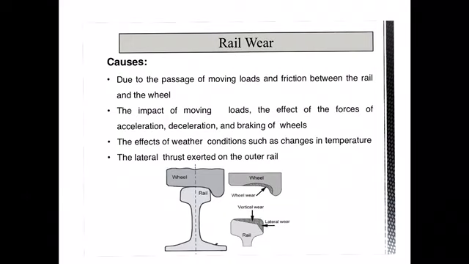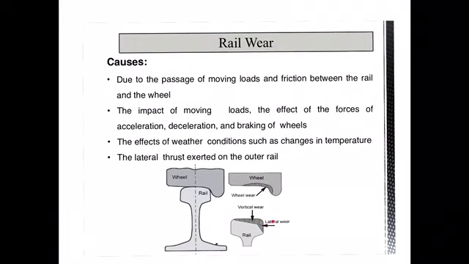Apart from these two, there are weathering conditions, that is the change in temperature, snow and rain, and also the presence of materials like sand, that also contribute to rail wear. In some cases, especially on curves, we can expect lateral wear. Lateral wear comes into the picture only at the curve section, not on the straight section.